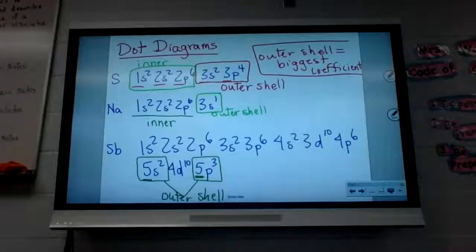Okay. So all we have left is how do we draw? This is why you had to learn orbital notation. The dots have to be drawn like the arrows. Okay.